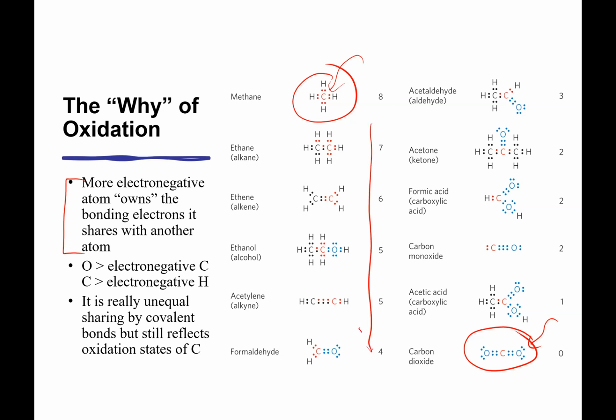I don't need to go through this step by step, but you can see that each progression here, whether it's a double bonded situation or the addition of an OH group or whatever it is, there is a progression to increasing oxidation states. So that's just something you need to understand when we're looking at metabolic reactions.